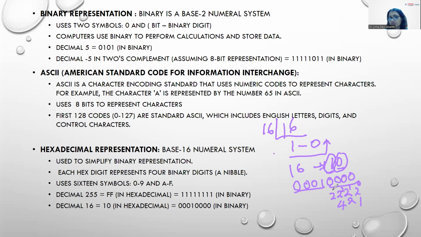Then 2 to the power of 3, which is 8. 2 to the power of 4, which is 16. 2 to the power of 5, which is 32. So these are the place values. 2 to the power of 6, which is 64. And 2 to the power of 7, which is 128. So over here you can see there's a one only for 2 to the power of 4, which is 16.